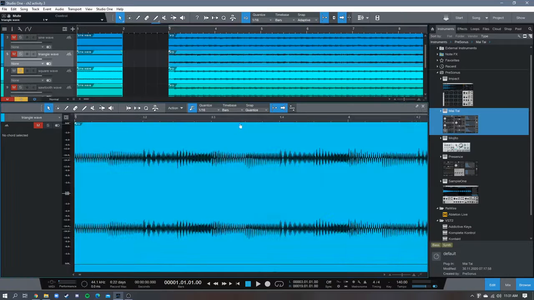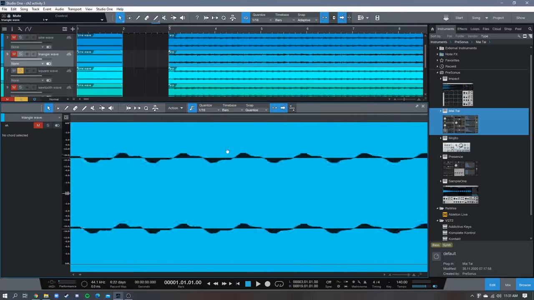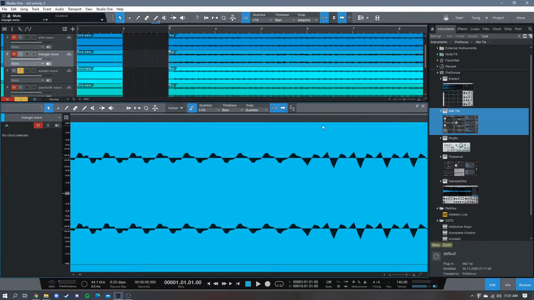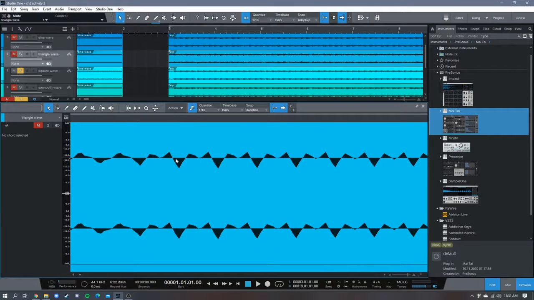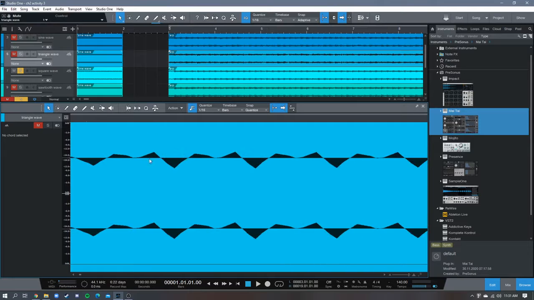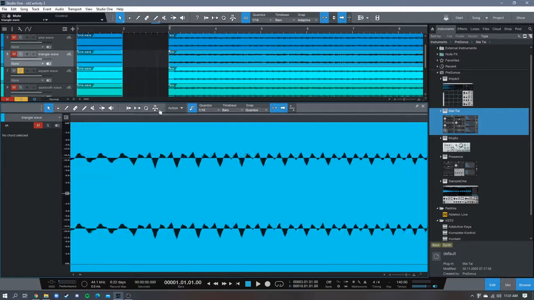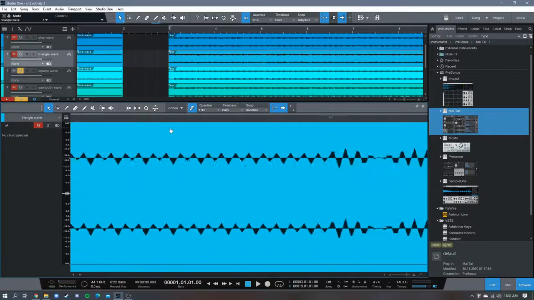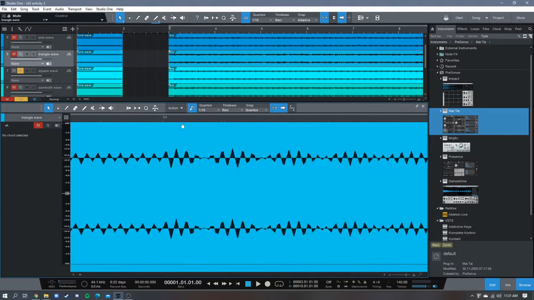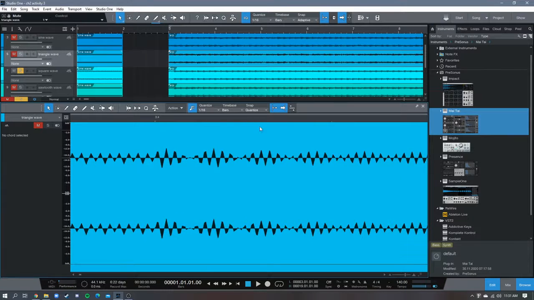Real quick, let's look at this waveform zoomed in. Interesting. Okay, that doesn't really look like the textbook. We see a lot of variation in the attack and sustain and release as well. Okay, so we're seeing that same up and down pattern.